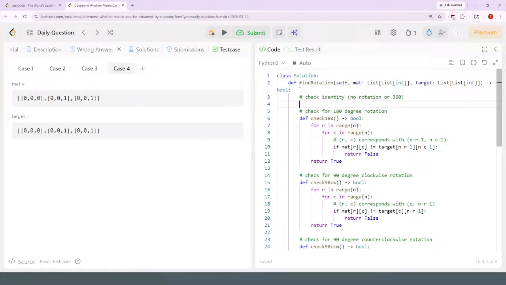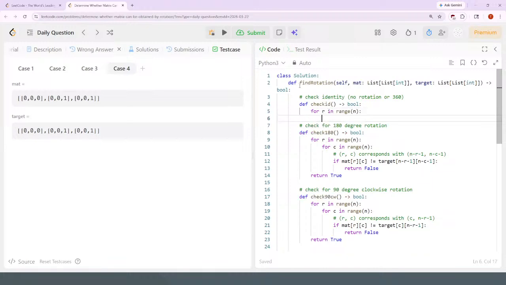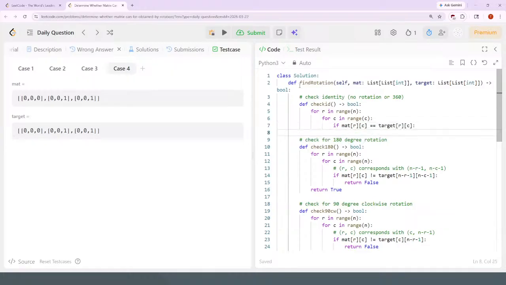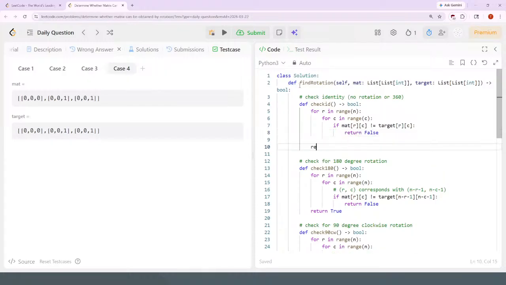Okay, so let's go ahead and just do the simple check here: for every row in range N, for every column in range C, if the matrix at RC is not equal to the target at RC, return false, otherwise return true.